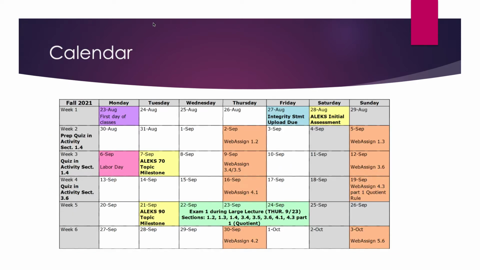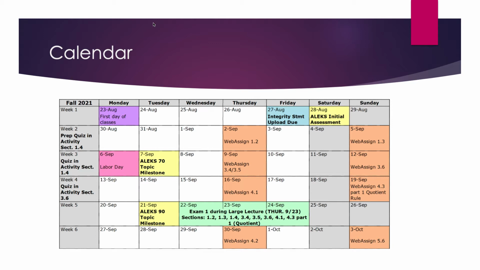Here is a snapshot of the first 6 weeks of your class calendar. The full calendar is listed in Beachboard. As you can see on the far left side, the gray column tells you for each week whether you'll be taking a quiz, which will be in activity, and which section it's on.